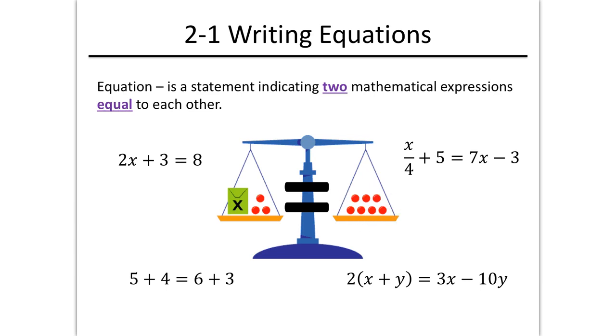So if I want to know how many red balls are inside of this green bag, let's imagine that I don't know how many. I use a variable to represent that number. I can say x number of red balls. So it can be 3, 4, 10, 20 different red balls, but I need to know how many must be inside. So this weight on the left side of the scale is going to equal, you see the equal sign in the middle, the right side of the balance scale.